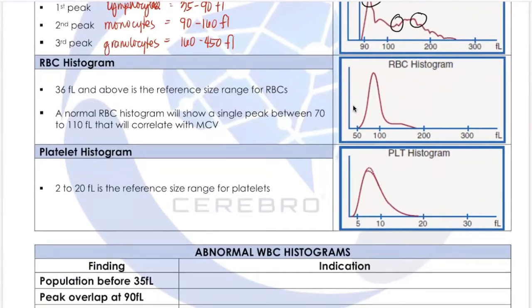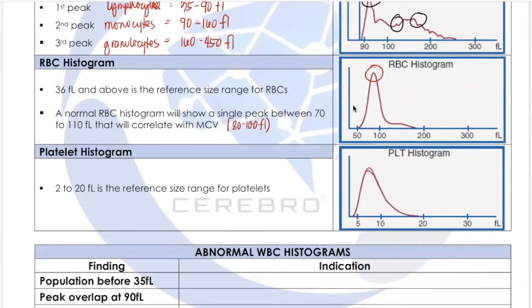So dapat normally yung ating RBC histogram will only show one peak between the 70 to 110 femtoliters that will correlate with the usual range of our red blood cell mean cell volume. Kasi 'di ba yung mean cell volume natin for RBC, yung normal nasa 80 to 100 femtoliter.